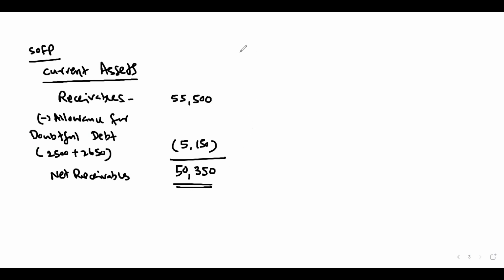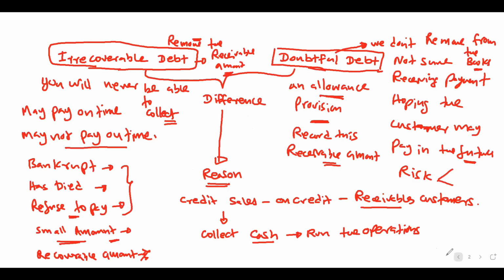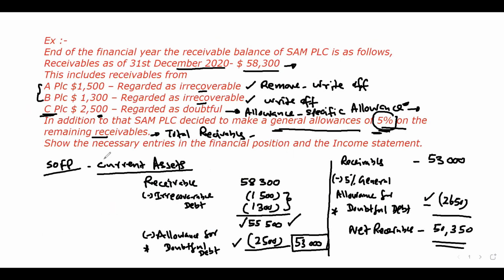Then afterwards, show the necessary entries in the financial position and in the income statement. In the income statement, we had an opening balance of 58,300.